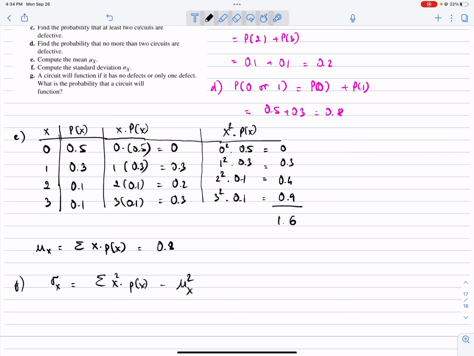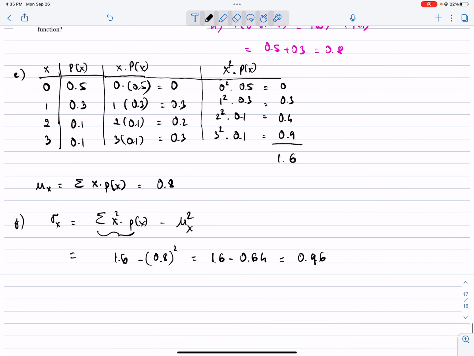We add these up and it is equal to 1.6. So let's plug in: 1.6 minus mu squared, where mu we already calculated in part E is 0.8. So we need to square that number. So 1.6 minus 0.64. We use the calculator, and 1.6 minus 0.64 is 0.96.